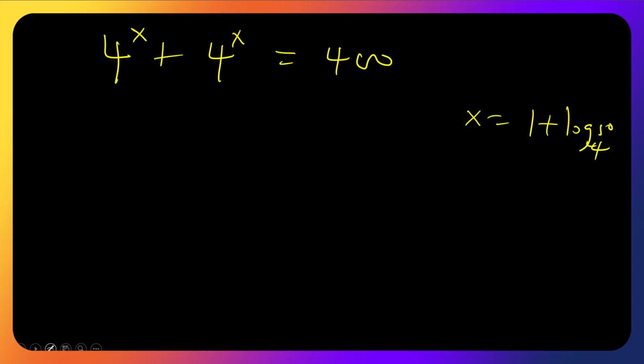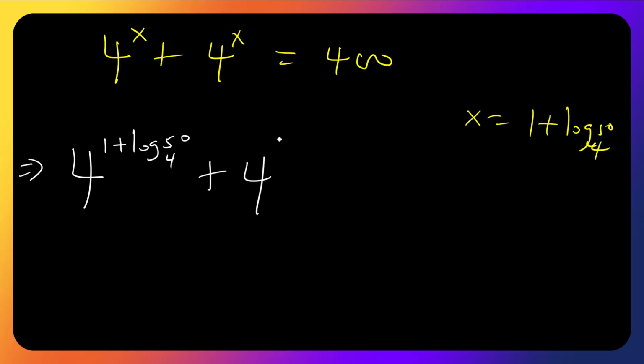Okay, so we want to verify. All right, so we have 4, and the power will be 1 plus log 50 to base 4, 1 plus log 50 to base 4.